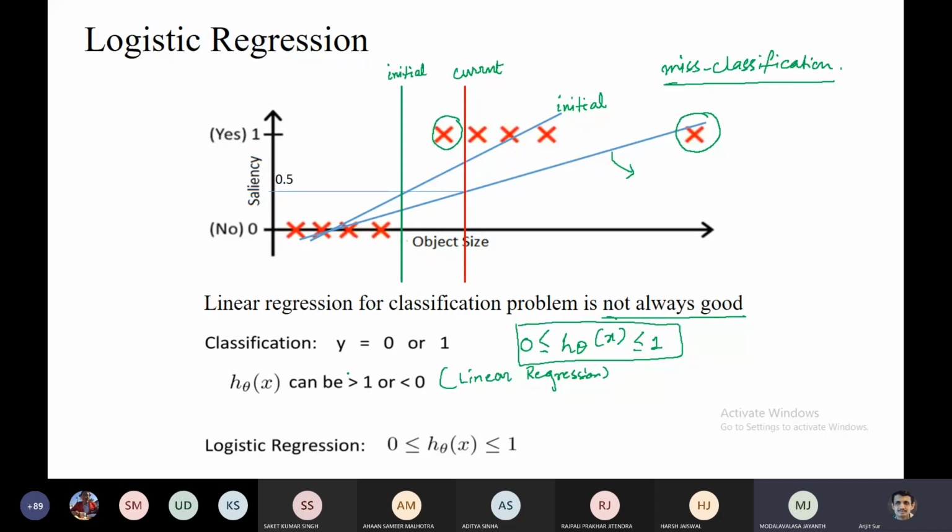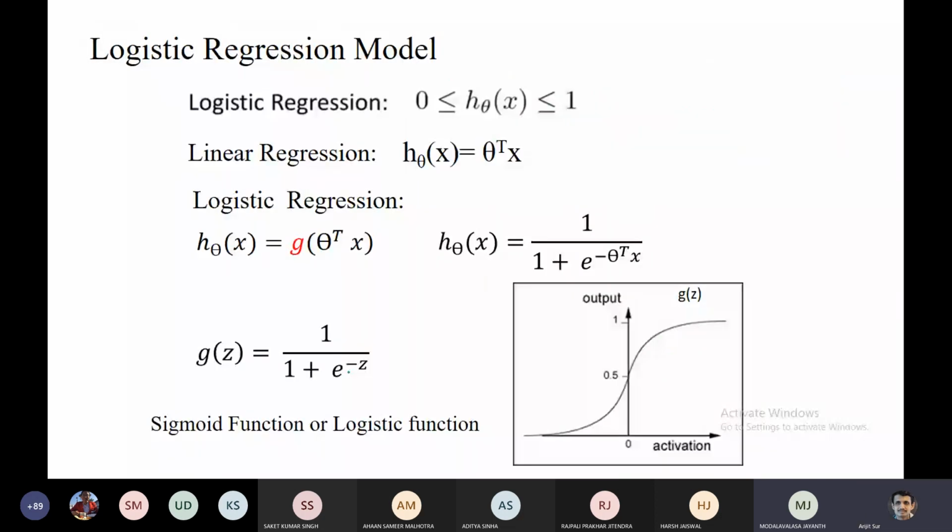So if this is the case, what we're going to do is use a logistic function on this model. Initially h theta was our hypothesis function for linear regression.